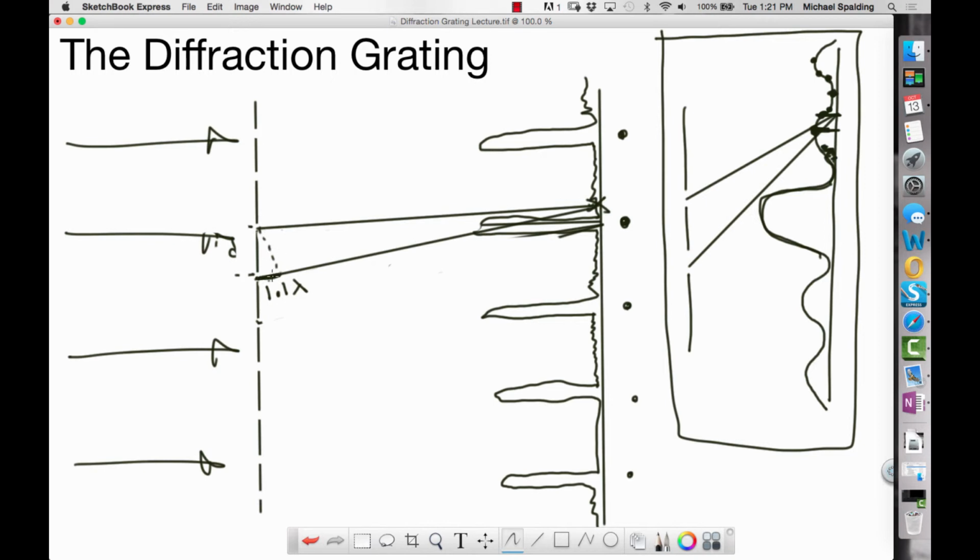So if that's just 1.1 wavelengths off, well, is that enough to give that much destructive interference? Here's a wave, right? So if we're comparing these two, here's one wave, and then the next wave hits, so 1.1 would be like here.